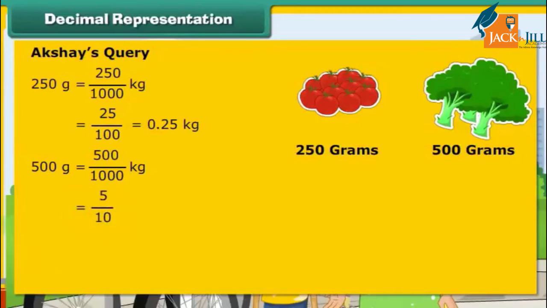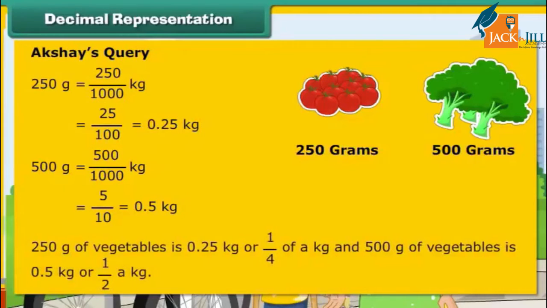That is equal to 5 by 10 kg. That is equal to 0.5 or 1 by 2 kg. 250 grams of vegetables is 0.25 kg or 1 by 4 of a kg, and 500 gram of vegetables is 0.5 kg or half a kg.